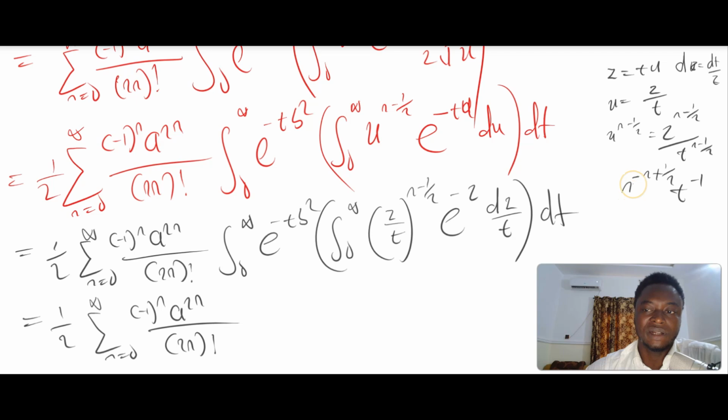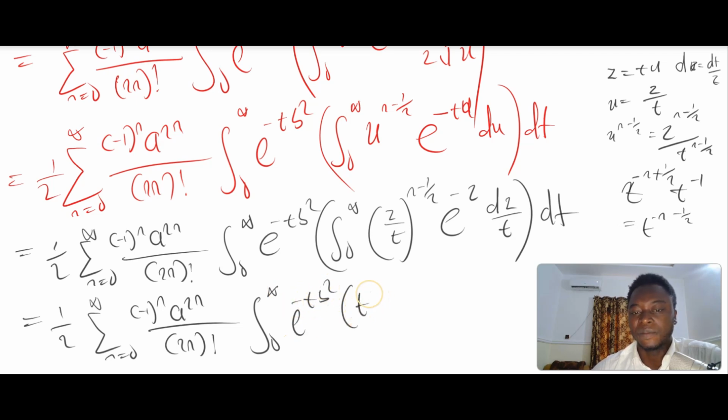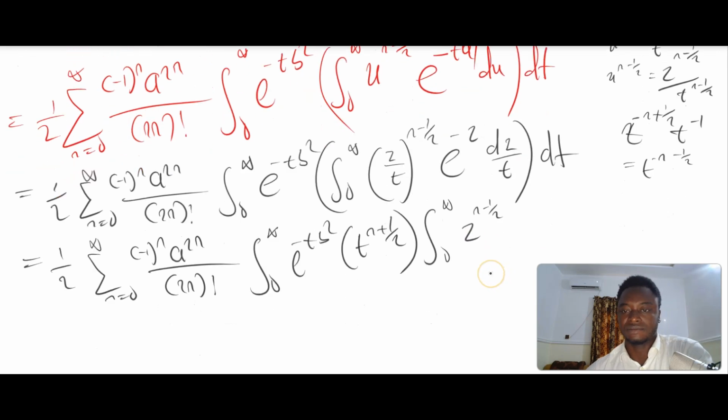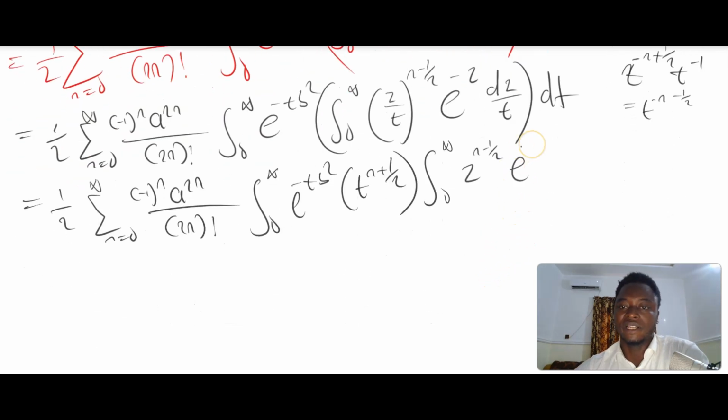So you end up with t to the power of negative n minus half, which is the integral from 0 to infinity of e to the negative t b squared. Then you have a t to the n plus half. Okay, so all of them will multiply the integral from 0 to infinity of z to the power of n minus half, then e to the power of negative z dz. Then you have dt.